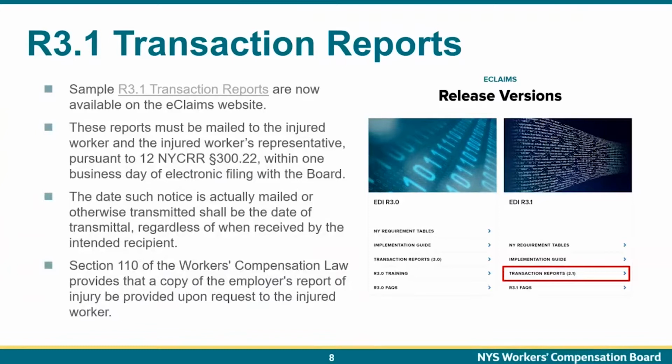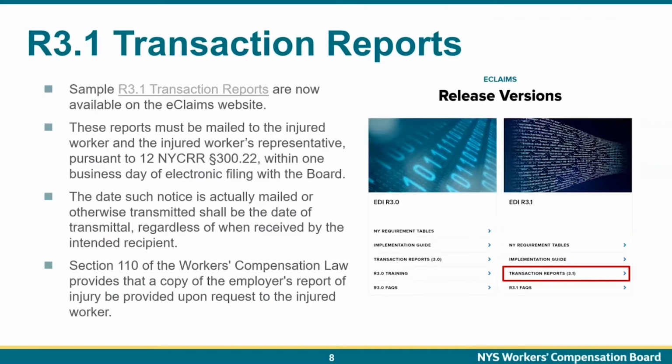Just as a reminder, while none of this has changed since release 3.0, these reports do have to be mailed to the injured worker and their attorney pursuant to 322 within 1 business day of your electronic filing with the board. The date such notice is actually mailed or transmitted shall be the date of transmittal, regardless of when it's received by the recipient.